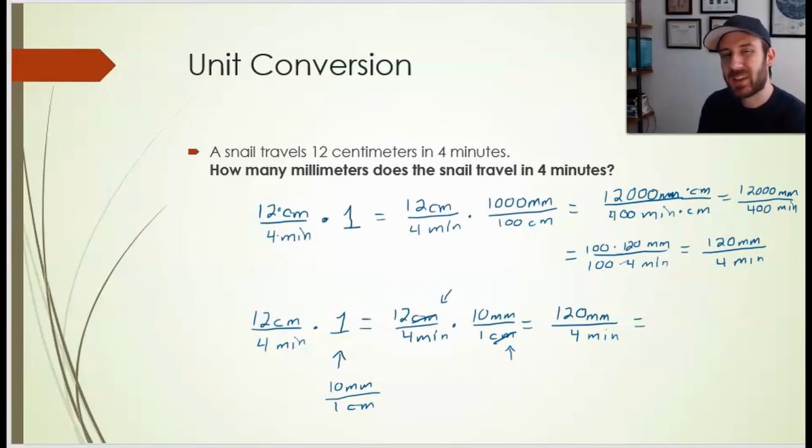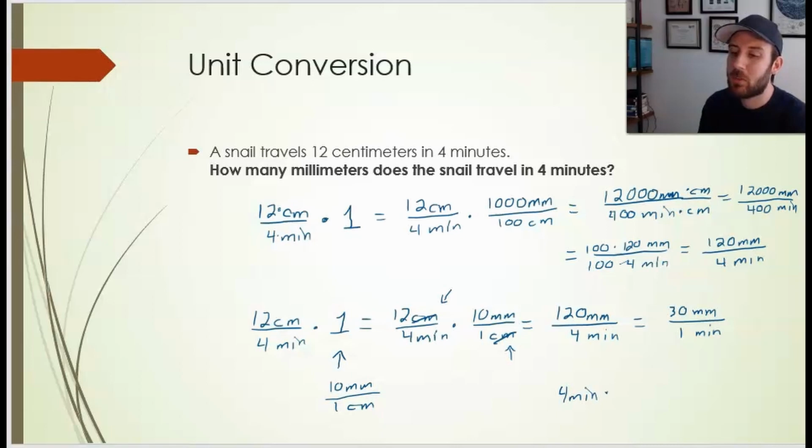Notice that sometimes we might get a little ambitious and we'll simplify these fractions too far. Well, this one, for example, could be thought of as 30 millimeters for every 1 minute. Well, that's fine, because then all we would need to do is scale up the number of minutes, and then we would be back to the proper number of millimeters. Or we could start a whole new problem where we start with the 4 minutes.